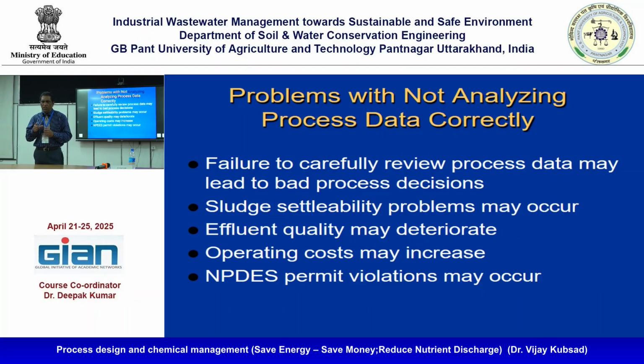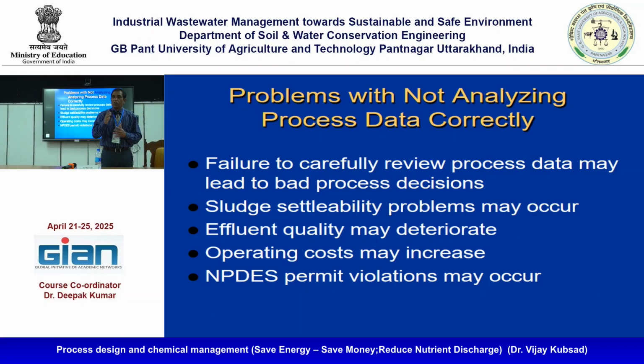You put more parameters. If that is not there, then you take a sample and do other analysis. You do a priority pollutant analysis, where we ask them to scan for more than 100 pollutants microscopically and find out.